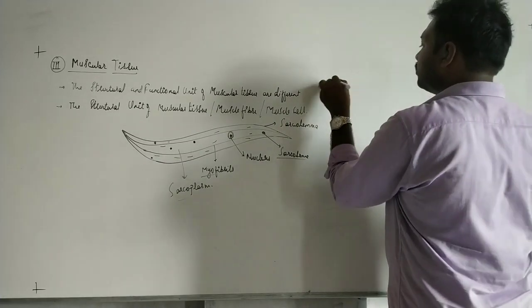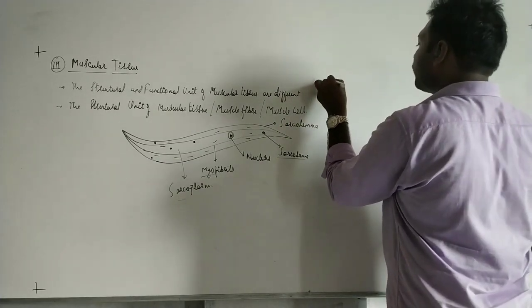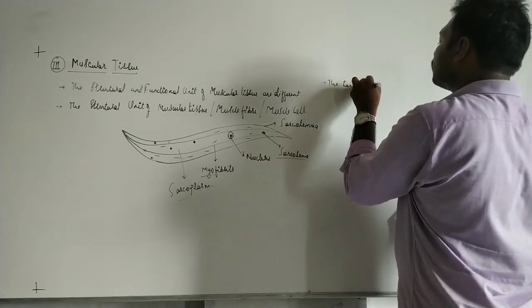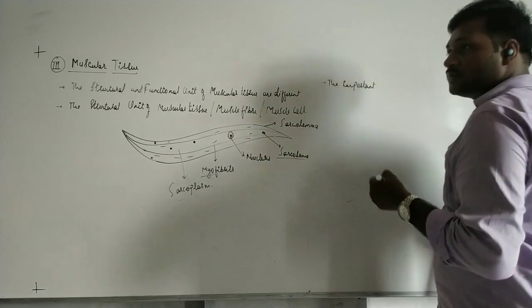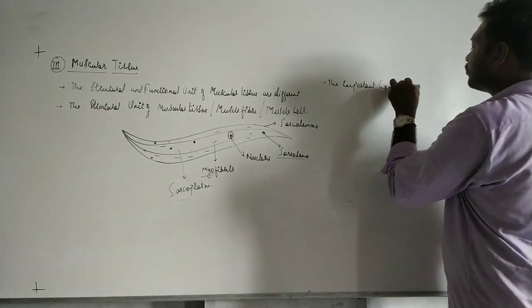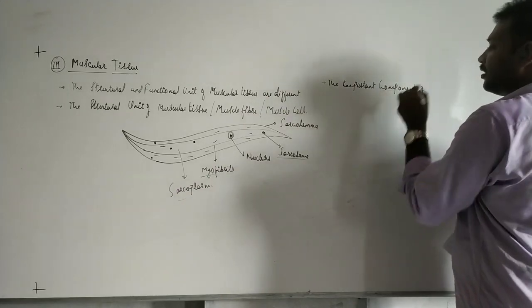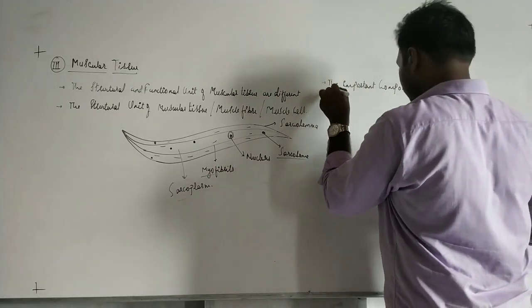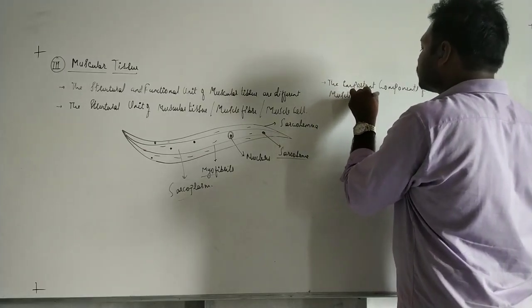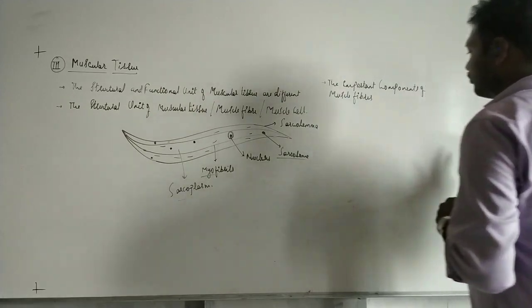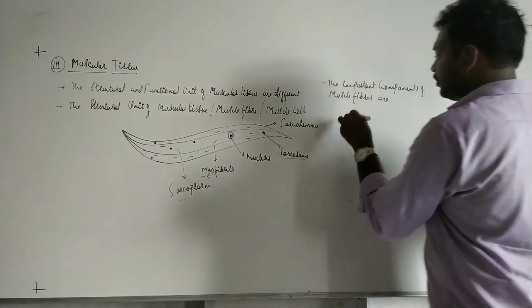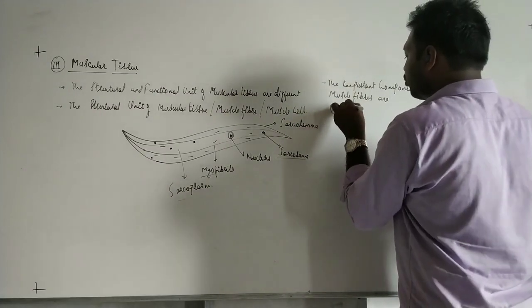The important components of muscle fibers are, number one, sarcolemma.